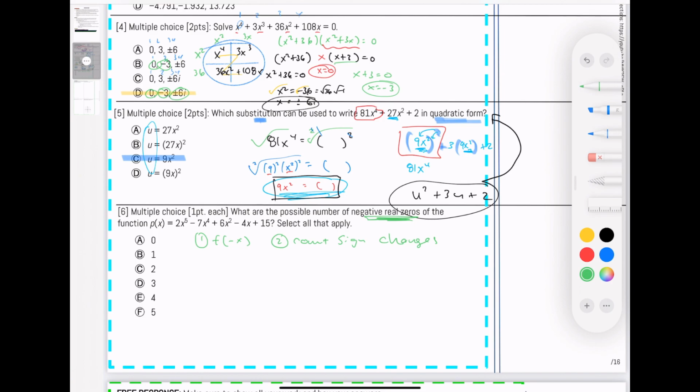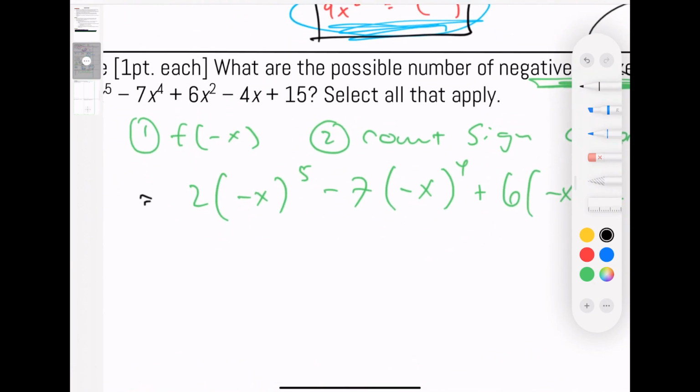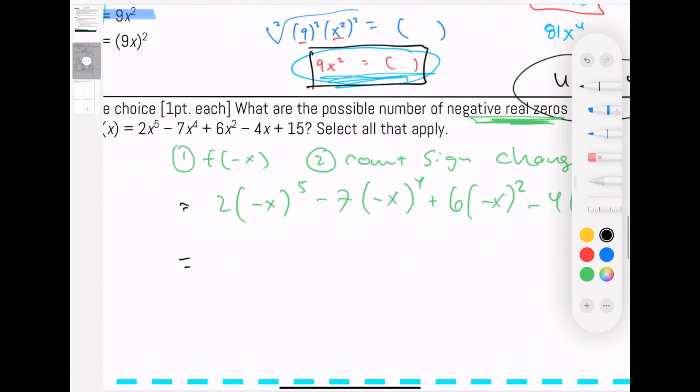So 2 times negative x to the 5th power minus 7 times negative x to the 4th power plus 6 times negative x squared minus 4 times negative x plus 15. If I multiply those out, remember negative x to the 5th power is written 5 times.